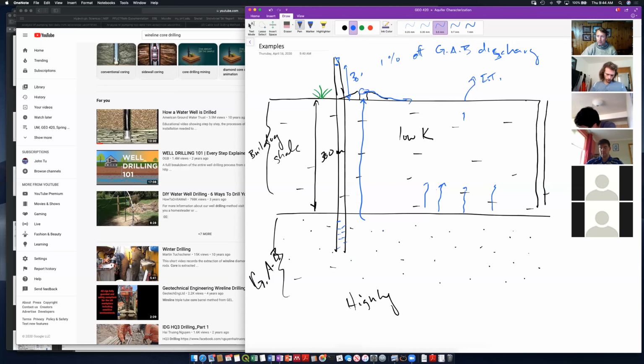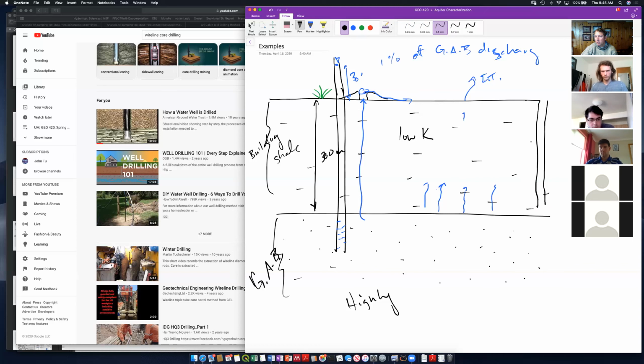All right, but this Bulldog Shale is so low hydraulic conductivity that even though this Bulldog Shale is fully saturated, if we were just to complete this well and not let it intersect with the GAB, all right, we made some calculations.